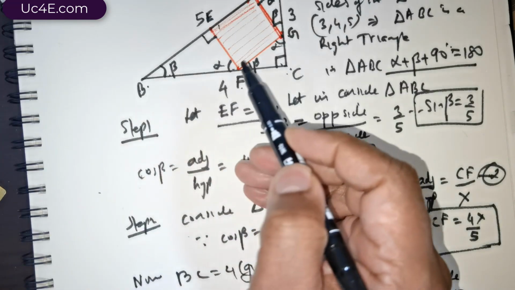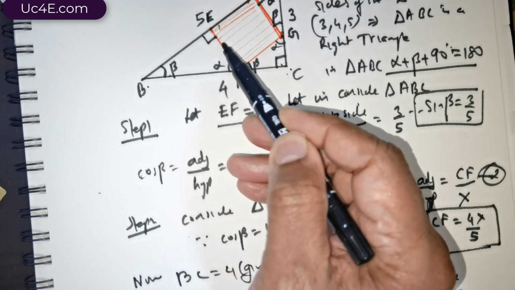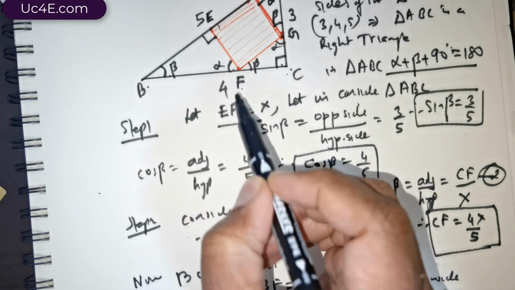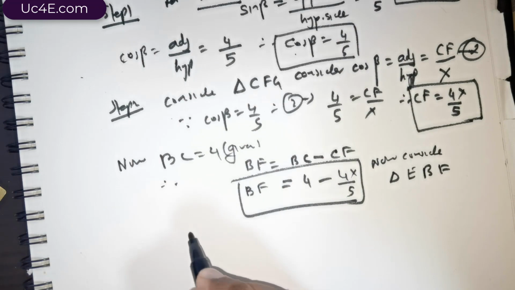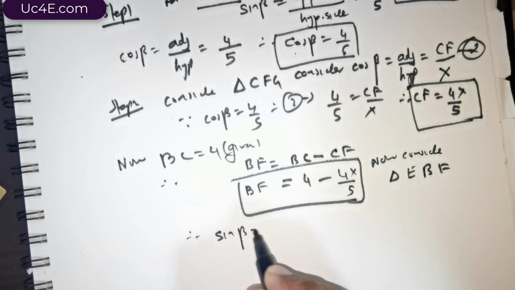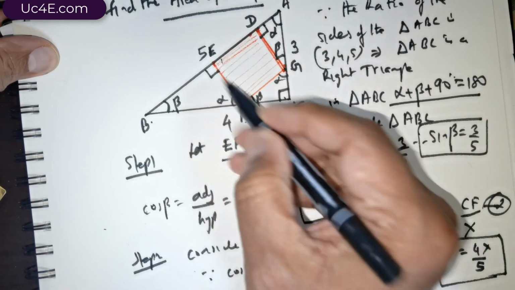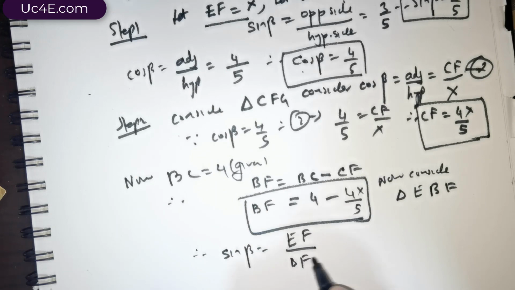Sine beta is going to be the opposite side, EF, divided by the hypotenuse, which is BF.